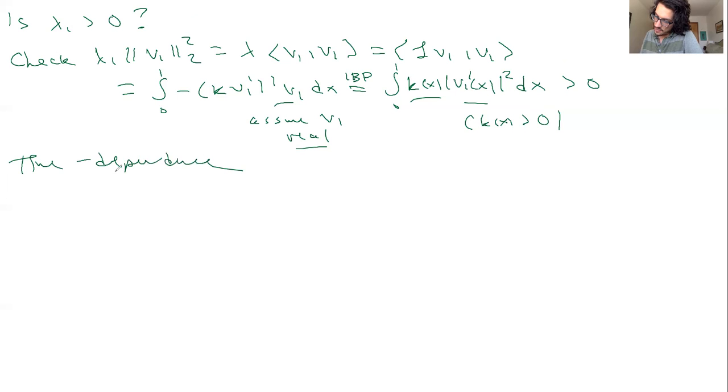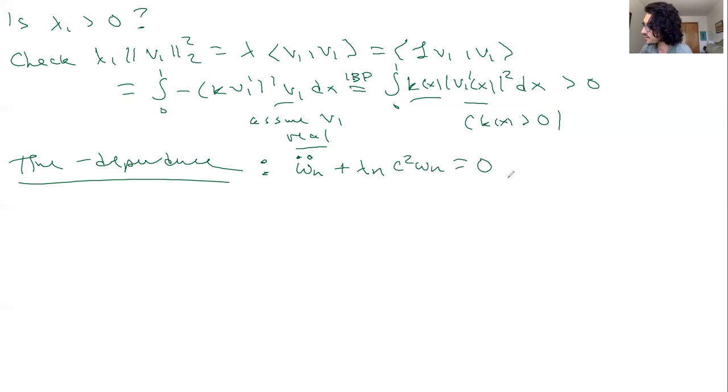Now, what about the time-dependent terms, okay? If we go back to the time-dependent equations, we now have that Wn double prime plus lambda n c squared Wn is equal to 0. Lambda n is greater than 0, okay?